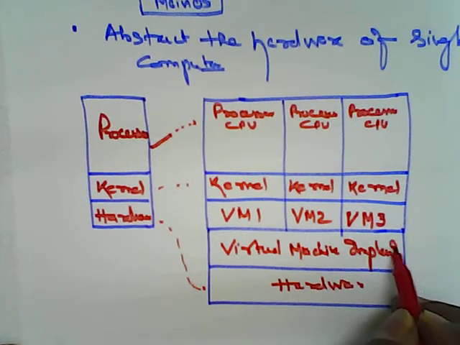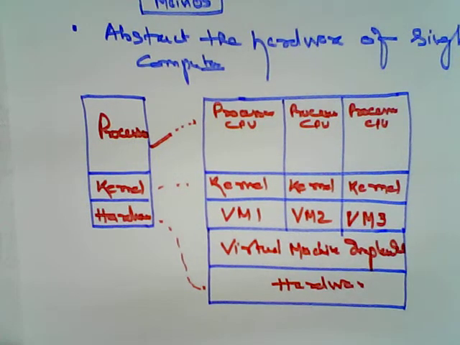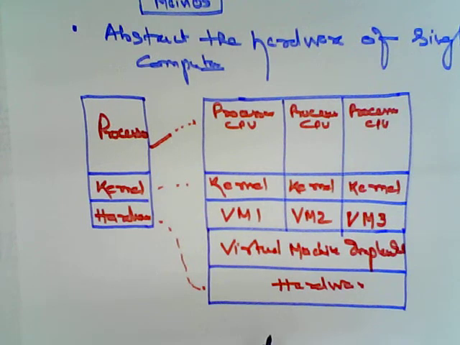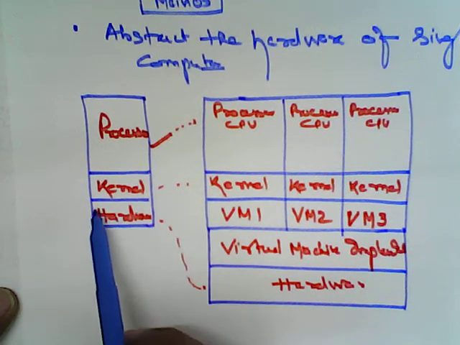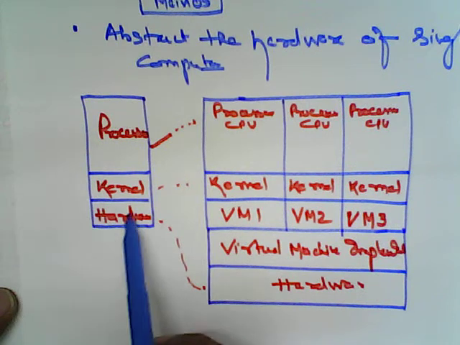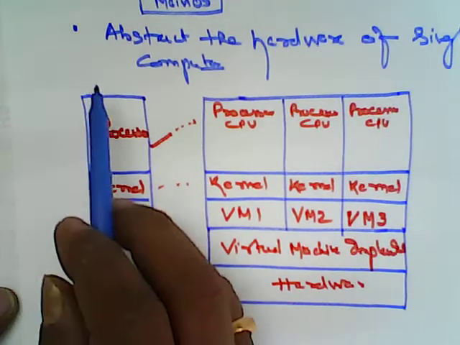So let us see what exactly happens in the case of virtualization or virtual machines. In a normal scenario, we have to understand that a single computer, a single hardware, will be able to process whatever are the requirements of the applications.